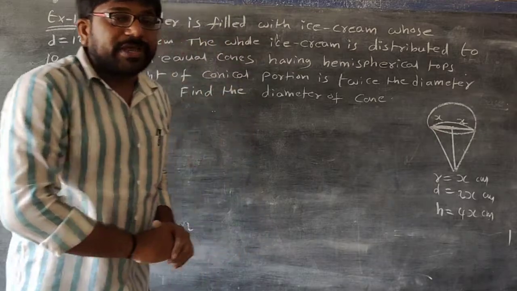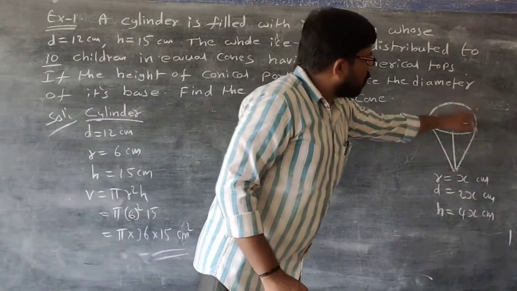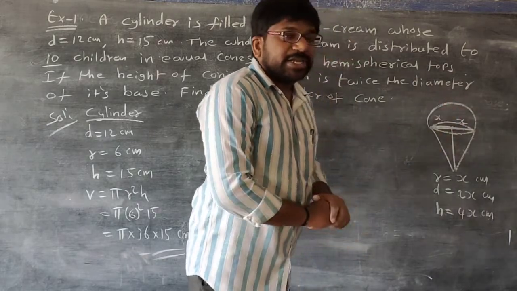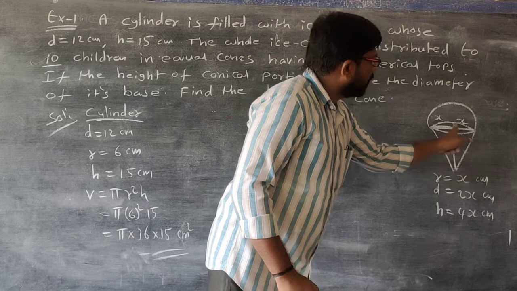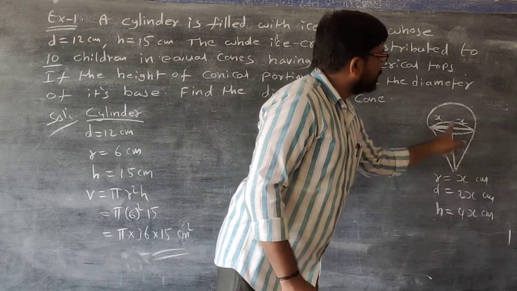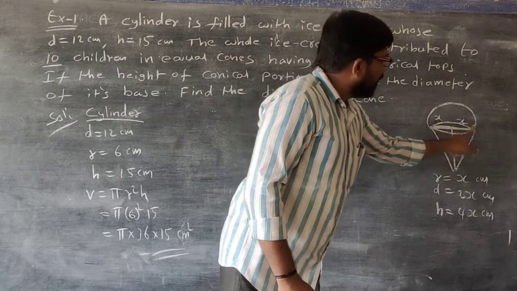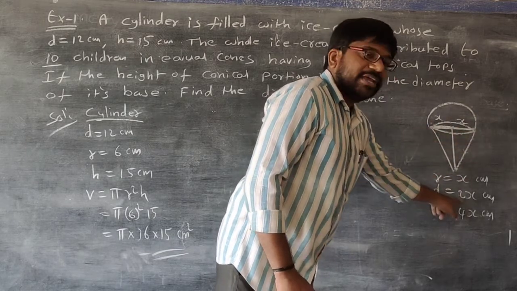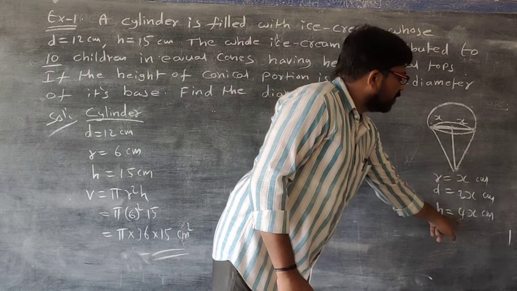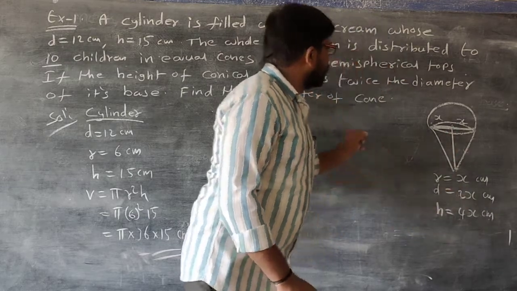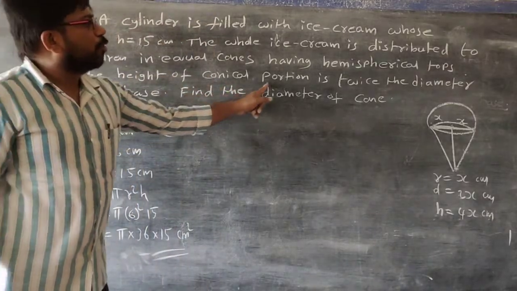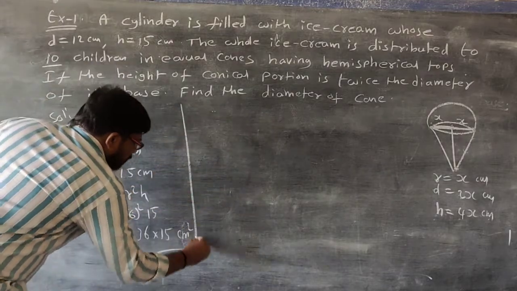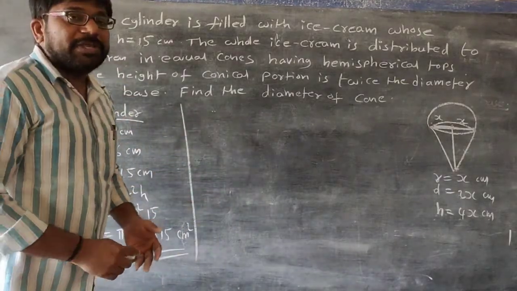Why? Because in the given problem, the height of the conical portion is twice the diameter. It is a cone ice cream having a hemispherical top. Now find the volume of cone and hemisphere.